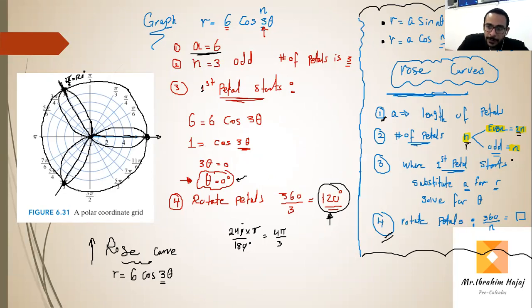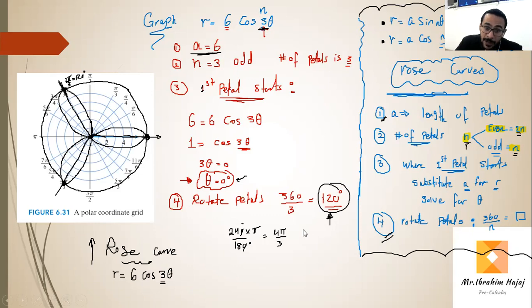If even, we have double the n; if odd, we have the same number of petals as the value of n. Step 3: where the first petal starts. Substitute theta equal to 0 and find R. You will not find all these steps in the textbook. Step 4: rotate the petals; we rotate every 120, which is 360 divided by 3. Okay, the period is finished, right?